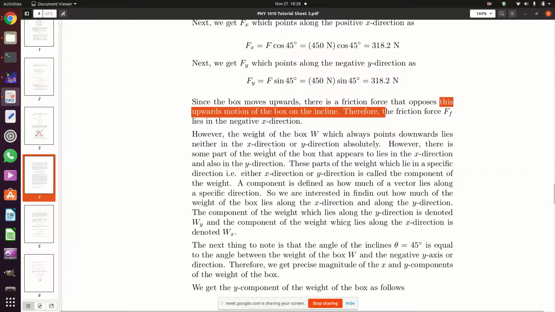There is some part of the weight of the box which lies along the x direction and also in the y direction. These parts of the weight which lie in a specific direction, either the x direction or the y direction, are what we're calling the components of the weight. There are two of these: Wx, the component of the weight which lies along the incline, and Wy, the component of the weight which lies perpendicular to the incline.